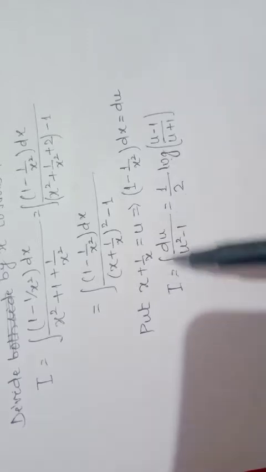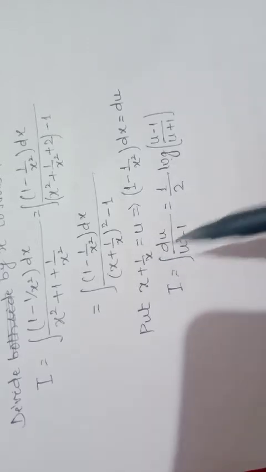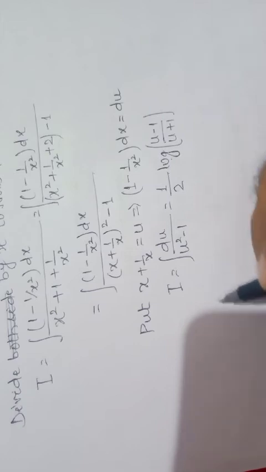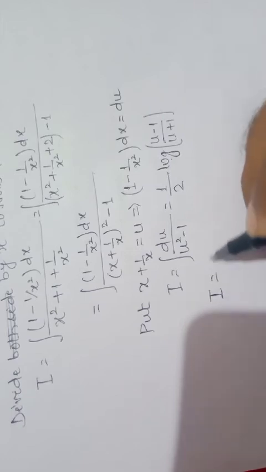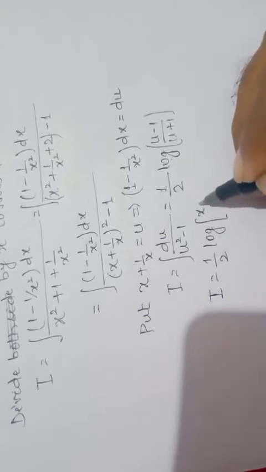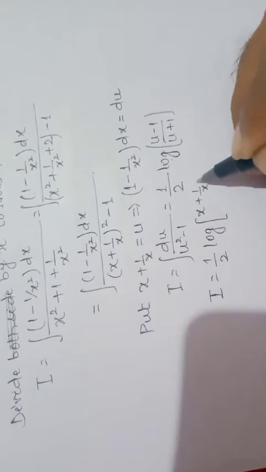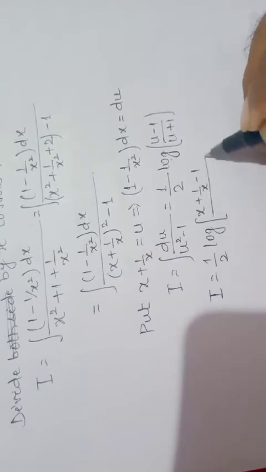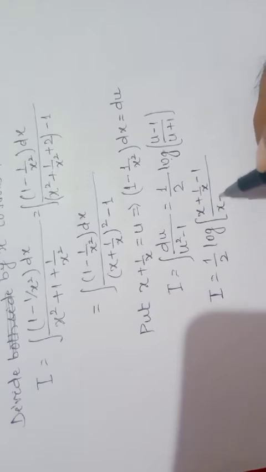What is u? x plus 1 by x. So I should be further written as 1 by 2 log of (x plus 1 by x minus 1) divided by (x plus 1 by x plus 1).